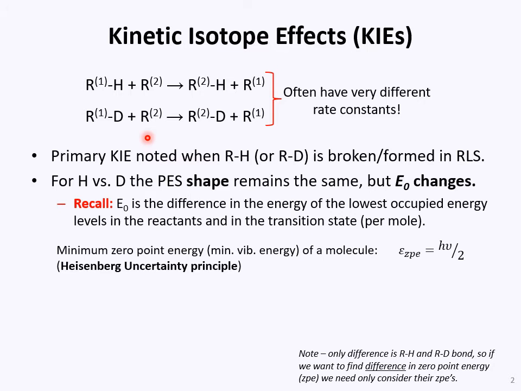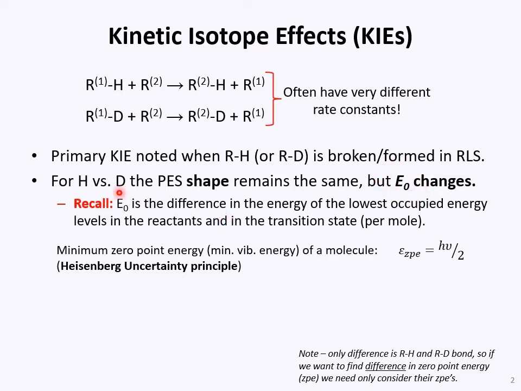So, in terms of reaction dynamics, it's important to realize when you look at the potential energy surface that the shape of the potential energy surface for both of these reactions, regardless of whether you've got a hydrogen or a deuterium, remains the same, but the things that change are the energies. In particular, this E0 value in the Eyring equation.